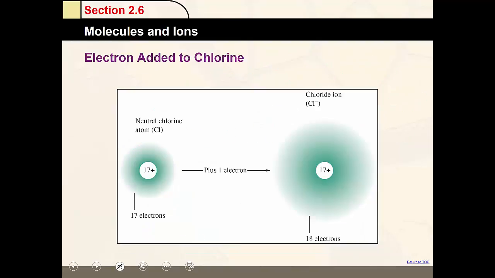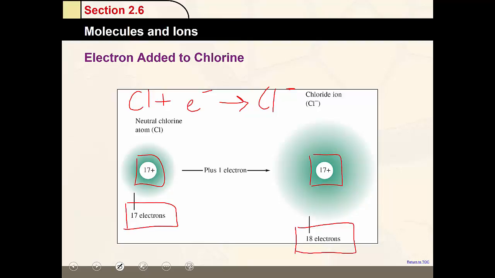Now that electron gets transferred to chlorine, so now we have the chlorine atom plus an electron, and we obtain the chloride ion, which, since it's negatively charged, is classified as an anion. And this makes sense. The atom has the same number of protons and electrons. It is neutral. Then once we gain an electron, 17 protons, 18 electrons, that's where we get the negative charge from.